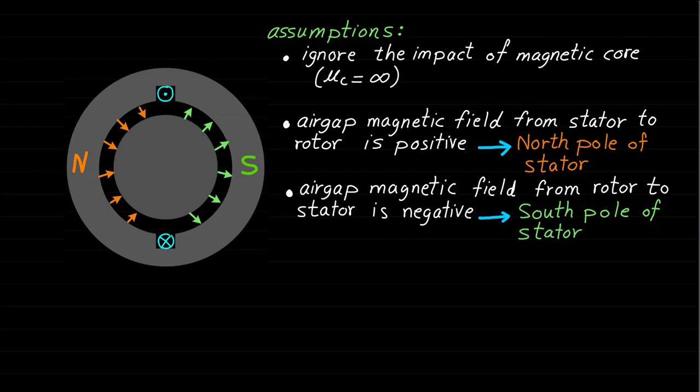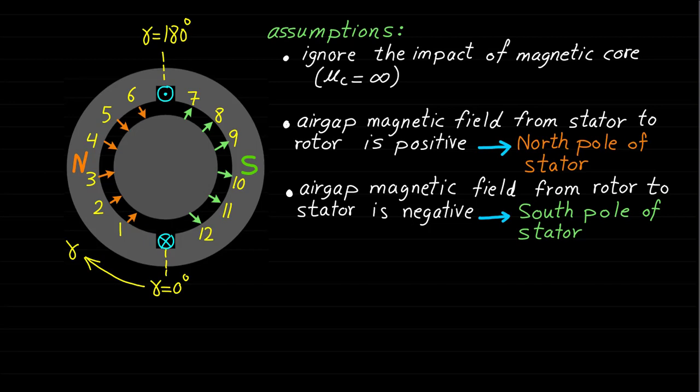Now, if we have a measurement device for the magnetic field magnitude and we start to measure it at different points around the circumference of the stator, starting from gamma equal to 0, the magnitude of the magnetic field can be plotted as shown.